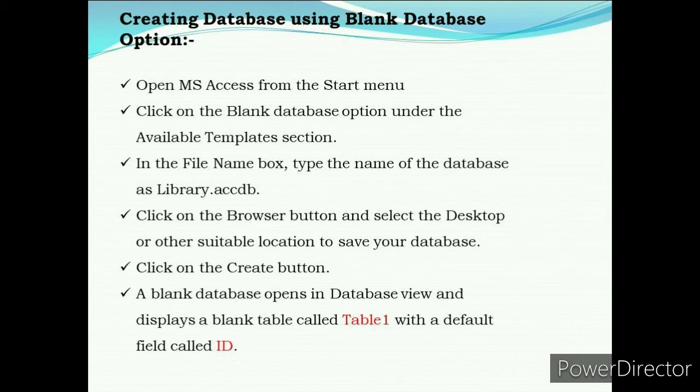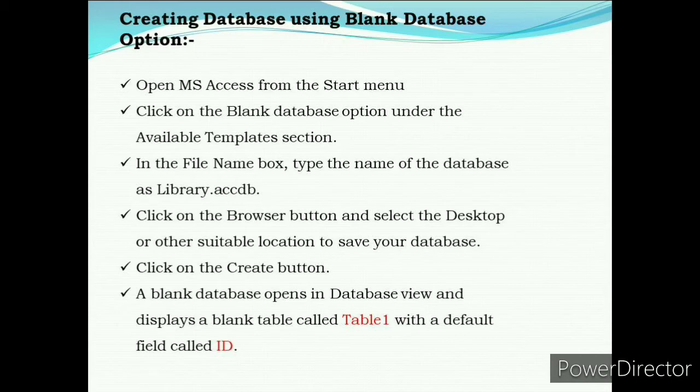Here are the steps. Open MSSS from the start menu. Click on the blank database option under the available templates section. In the file name box, type the name of the database as library.accdb. That is the extension we are using for a database.